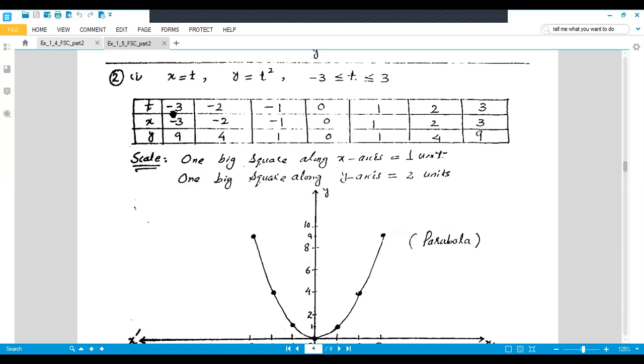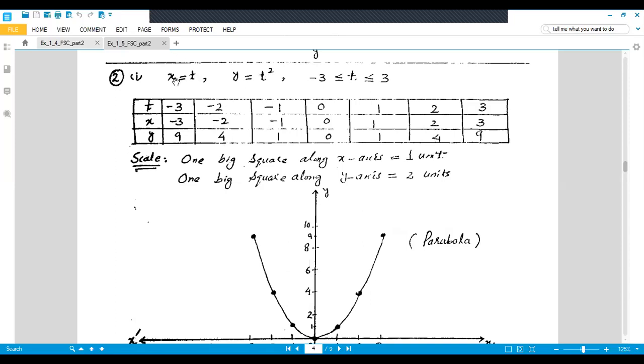If you put t is equal to minus 3, x is also minus 3 and y is equal to positive 9. If you put t is equal to minus 2, x will also be minus 2 and y will be equal to 4, since minus 2 square is 4.